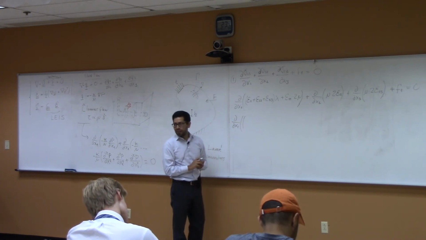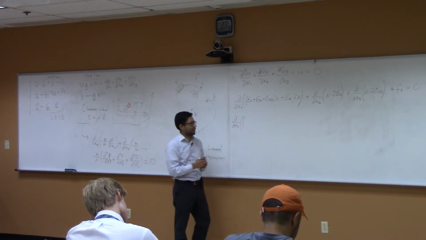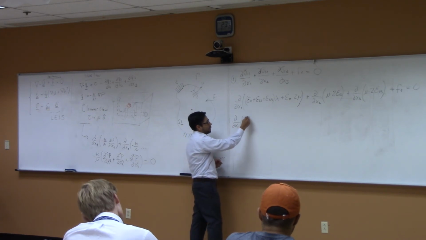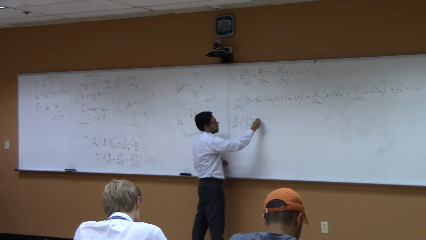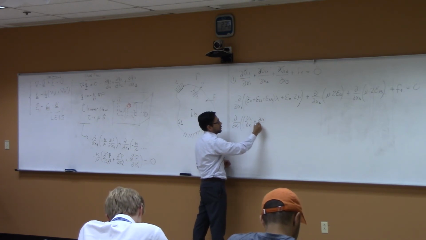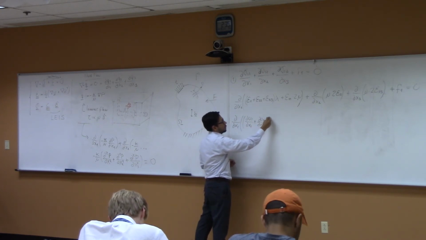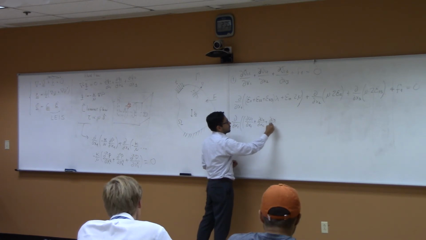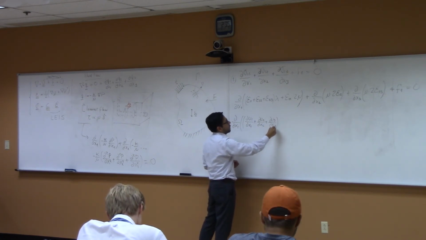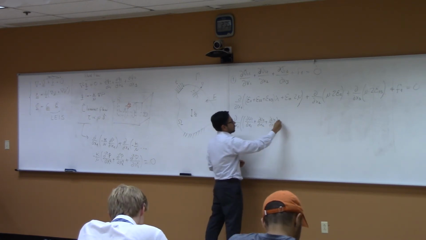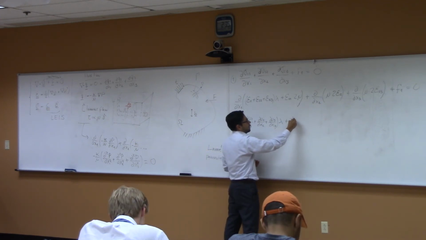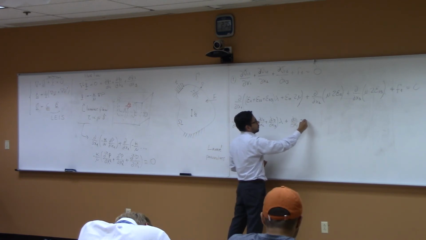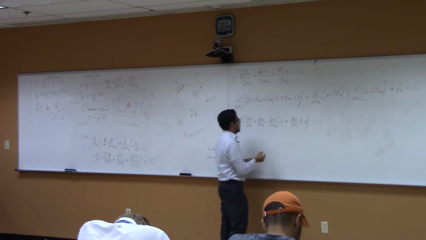That's an easy one. du1 dx1, plus du2 dx2, plus du3 dx3, and all of that times lambda plus du1 dx1 times 2 times that.